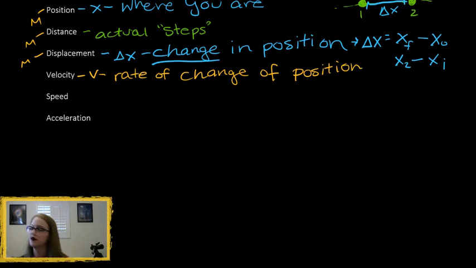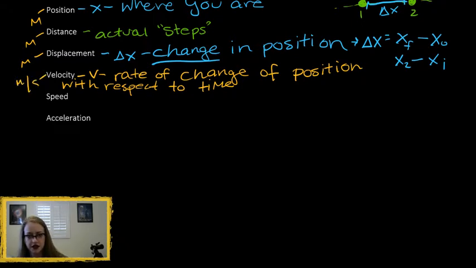Sometimes you'll see that written as with respect to time. So we're looking at how your position changes over time. Velocity is measured in meters per second. And maybe you're familiar with using miles per hour. That also measures velocity. So it is the rate of change, how fast you are changing your position.